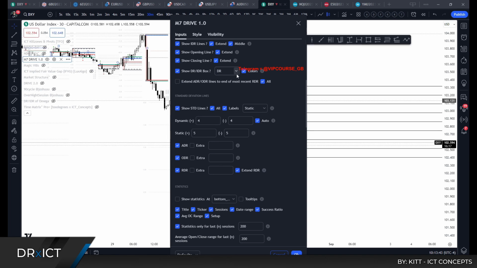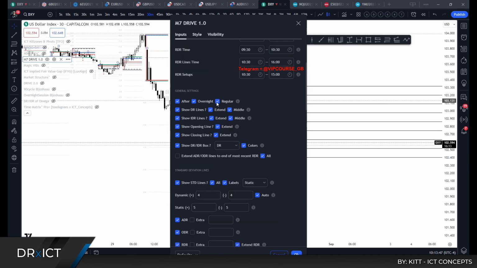General settings, you can turn off any one of these, and at times it might sound counterintuitive, but I might only be looking at the after hours or the Asian session in regards to what's happening in London because of the DR levels, because of the data, and because of the information that's provided previously to anticipate what's going to happen next.